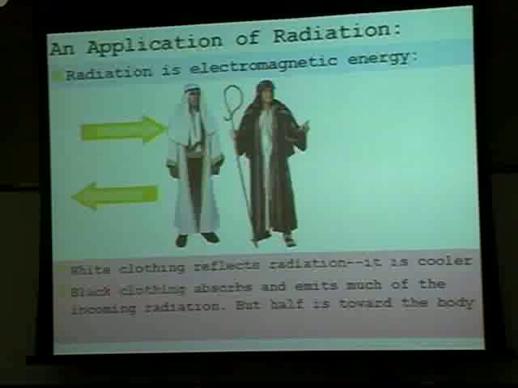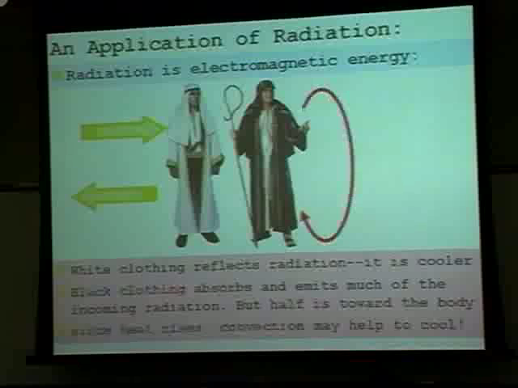The problem is when it emits, it's not only emitting outward, it's emitting inward. So it would emit towards the body. So what you want to do is have enough airspace between you and the clothing so that you might actually have hot air near the body rising up, creating a convection current, so you can actually have a cooling convection current coming through the clothing that might keep you cool that way. At least in theory, that's how it's supposed to work.